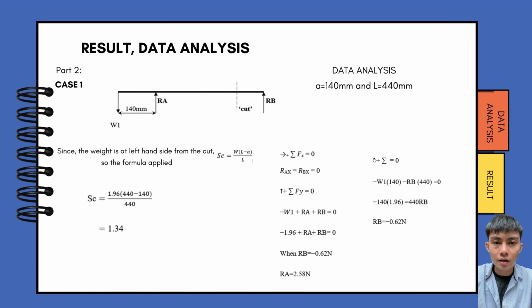Moving on to experiment part 2. In part 2 we have 3 cases. Case 1, the weight is located at 140 mm left of the cut. Since the weight is on the left hand side of the cut, we use the formula SC equals W times the length minus a, divided by the length.